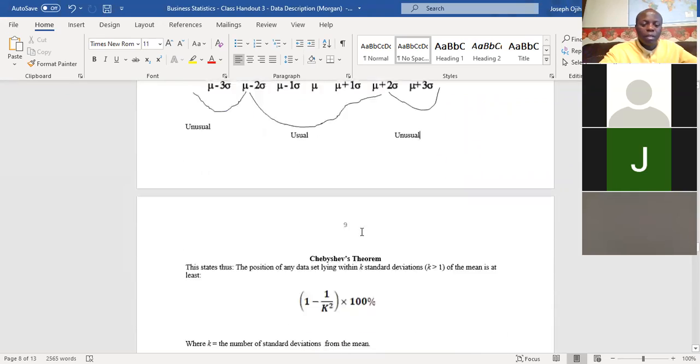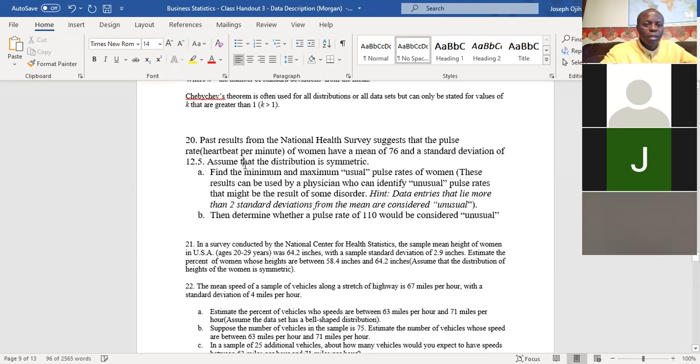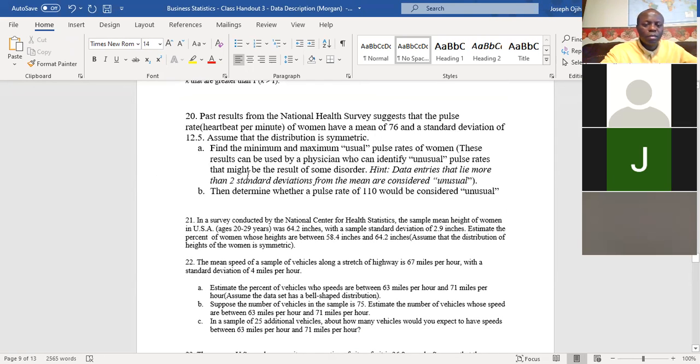So let me look at this question. The first question we'll be answering is this one here. It says, past results from the National Health Survey suggest that the pulse rate, that is the heartbeats per minute, for women have a mean of 76 beats per minute and a standard deviation of 12.5.